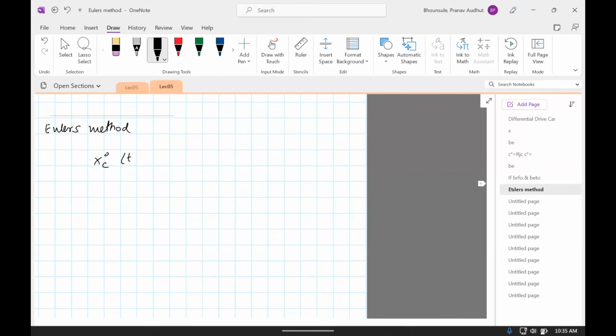Xc at time t i plus 1 equals xc at time t i plus the time step, I'll call that h, times v at time t i, cosine theta at time t i. Same for y.